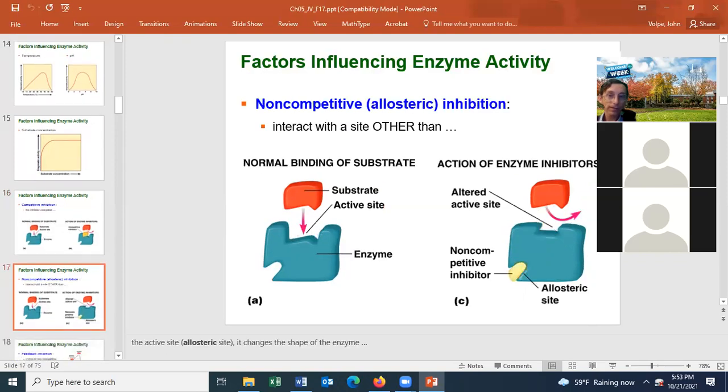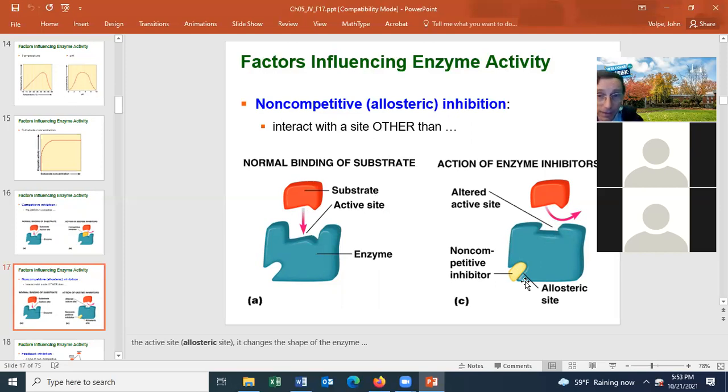All right, no questions. Let's move on to non-competitive inhibition, which is also called allosteric inhibition. This is when the inhibitor interacts with the enzyme at a site other than the active site. So here's the active site, here's the substrate which binds to it. The allosteric inhibitor binds at a site other than the active site.